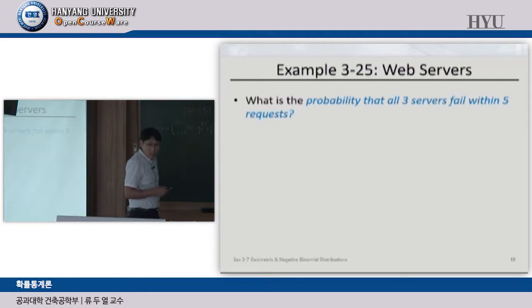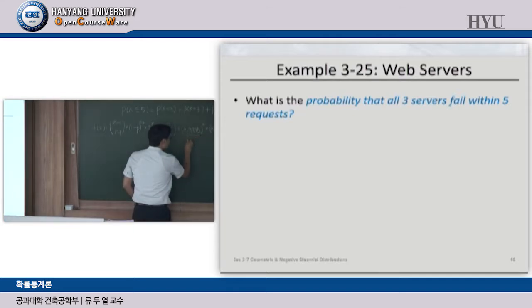Because this is 1 minus p, and p is 0.0005, so 1 minus p will be 0.9995.